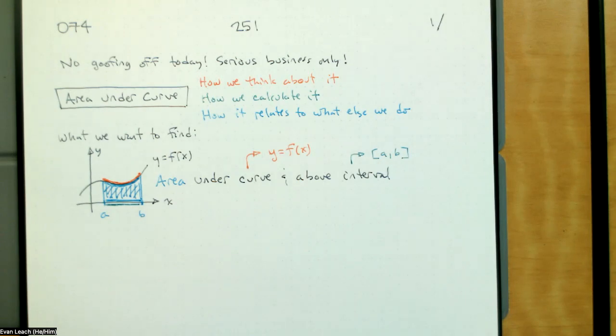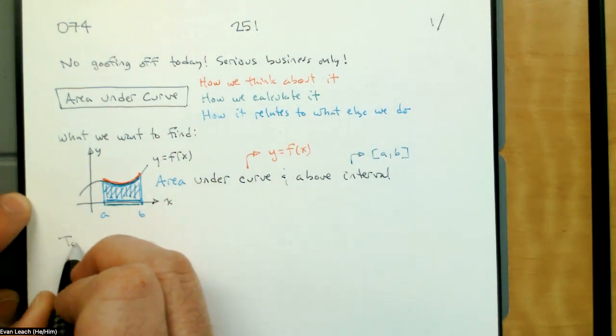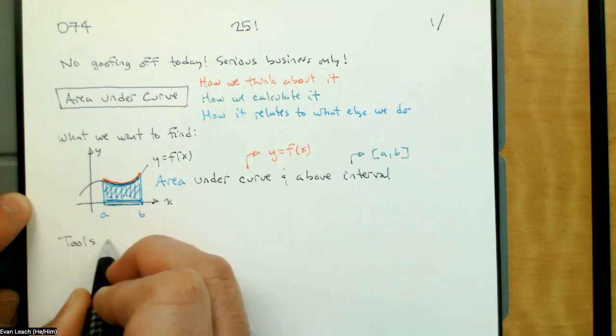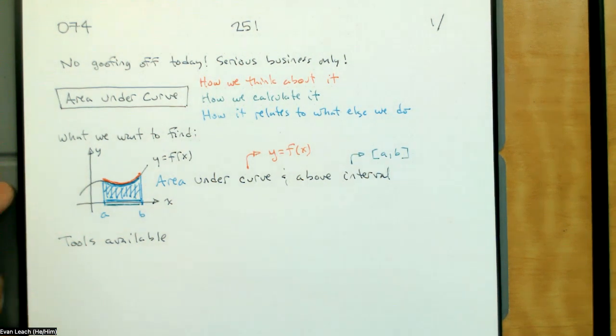The tool that we have to find this is just the basic idea of area. To find an area, we have some length and some width, and we just multiply those two things. Area is equal to length times width. So in the tools available category, the only thing that we have to start from is the basic idea of area.